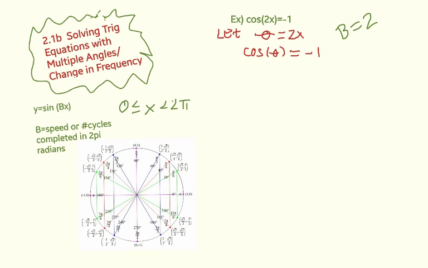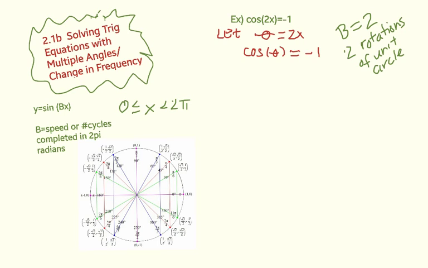That means that I'm going to complete 2 cycles of my equation, so I want to go through 2 rotations of my unit circle. When I'm coming up with my answers, I'm going to get all the answers from the first rotation and all the answers in the second rotation that are coterminal with those. That will come up again in just a minute.